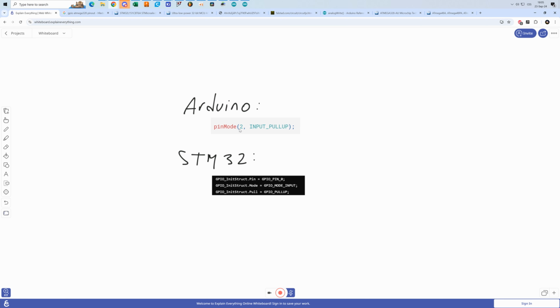You set the pin mode, you say the pin number and what kind of configuration you want. So this would be an input pin, which is configured with a pull-up. Here is the STM32 version of the code. Same thing, you take a pin, set it to be input and you set a pull-up resistor on the pin.